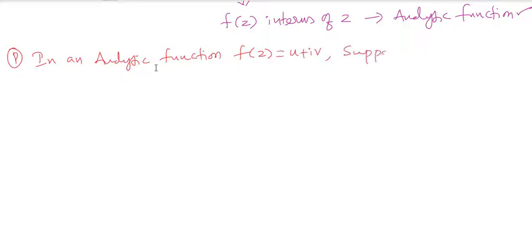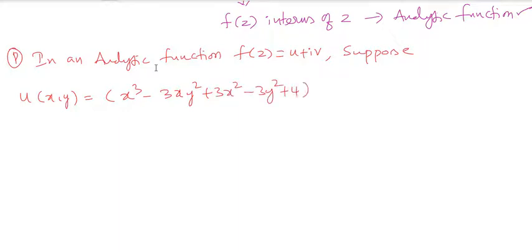Suppose u of x, y is equivalent to x cube minus 3xy square plus 3x square minus 3y square plus 4. Then f of z in terms of z is what? This is the question they have given.